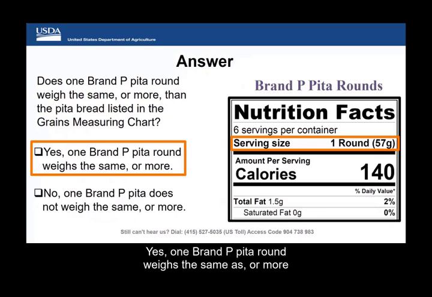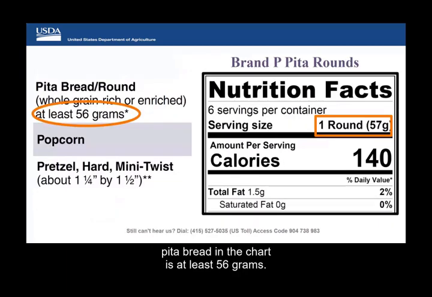Yes, 1 brand P pita round weighs the same as or more than the pita bread listed in the chart. And again, we know the answer is yes because the weight by the pita bread in the chart is at least 56 grams. The nutrition facts label for brand P pita round tells us that 1 pita round weighs 57 grams.